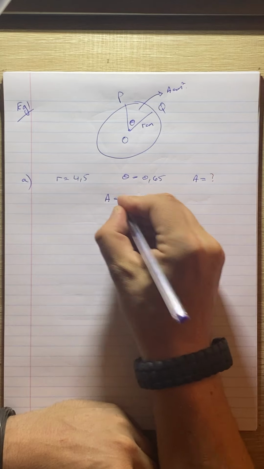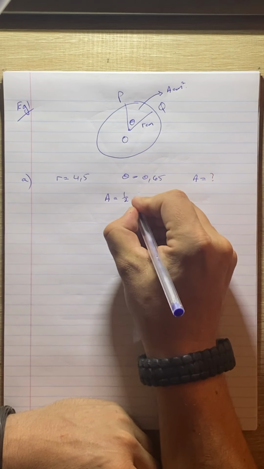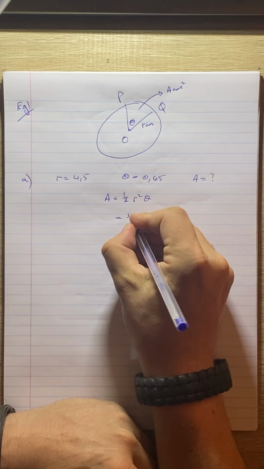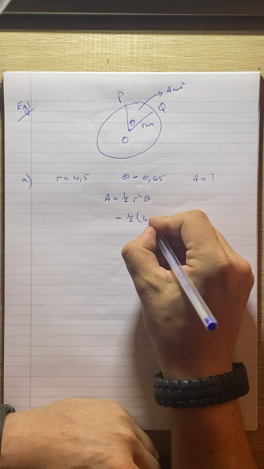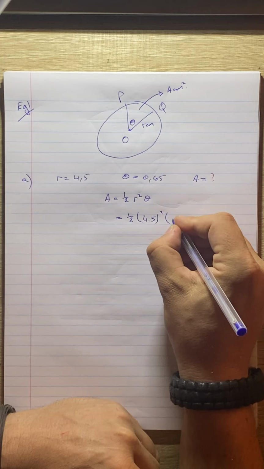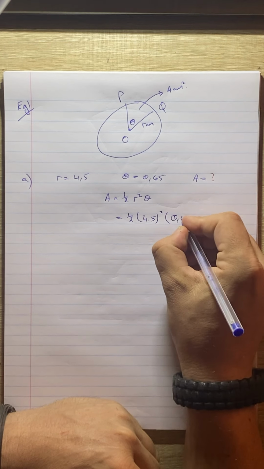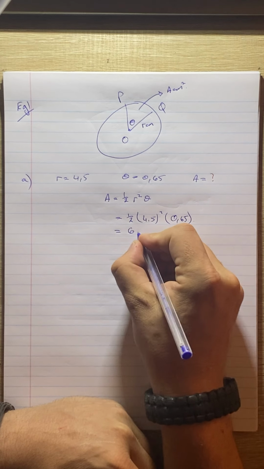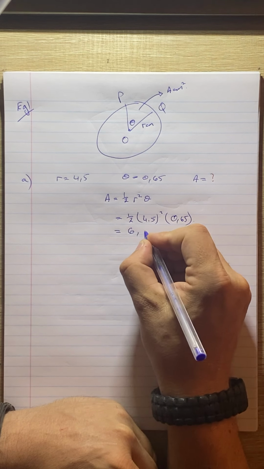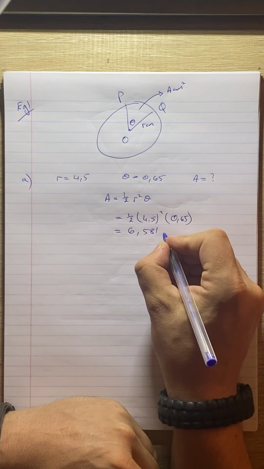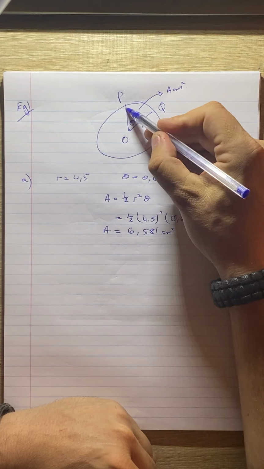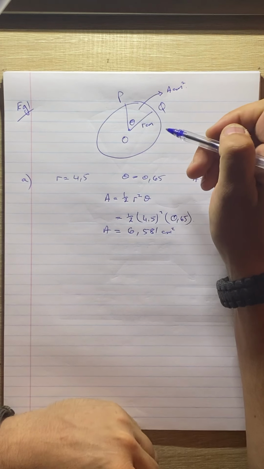Just plug in your values, and we get a half times 4.5 squared multiplied by 0.65. Put that on your calculator, and you will get an area of 6.581 centimeters squared. So what that's done, it's worked out this pizza slice there.